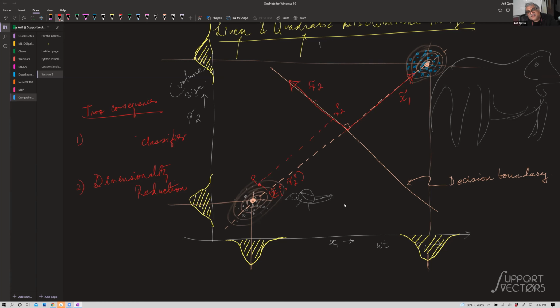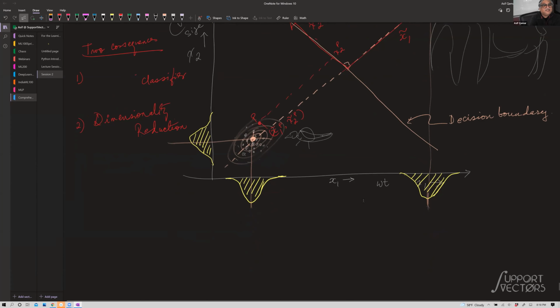We are saying that x2 in the new coordinate system doesn't matter. So the data, instead, I could write the data as, let me go back to the initial data whose coordinates were x1, x2, right? From this, I have a function, somehow I can transform and go to just x1 tilde, and implicitly x2 tilde, we just cross it out.